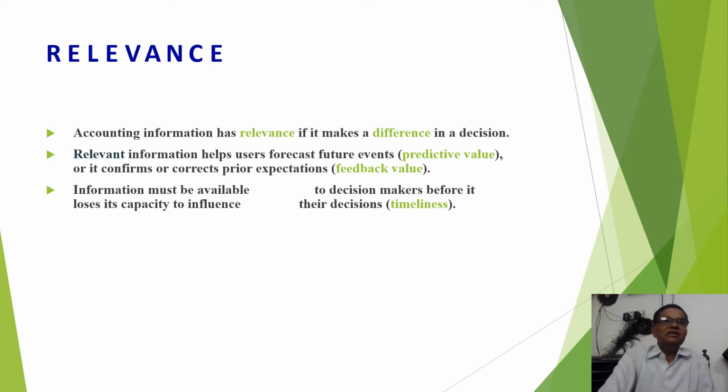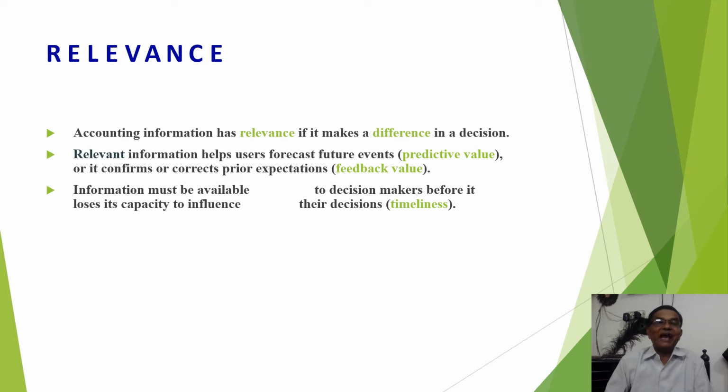My dear friends, now we are going to elaborate on the information we have just studied. Relevance, what does it mean? Accounting information has relevance if it makes a difference in a decision. Relevant information helps users forecast future events.